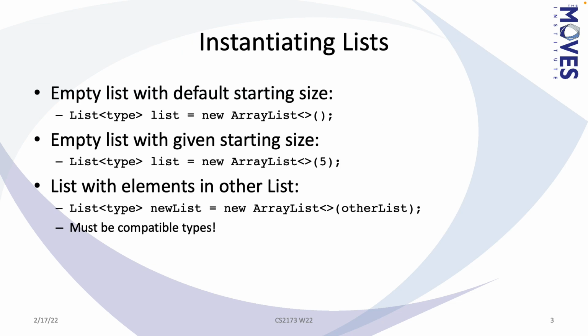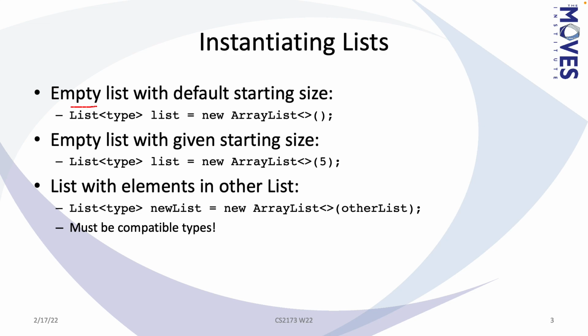Okay, so let's just delve in a little bit more, and this is typical of the constructors of all the concrete data structures that Java has. I'm just illustrating it for array lists, but this actually applies to all the concrete ones.